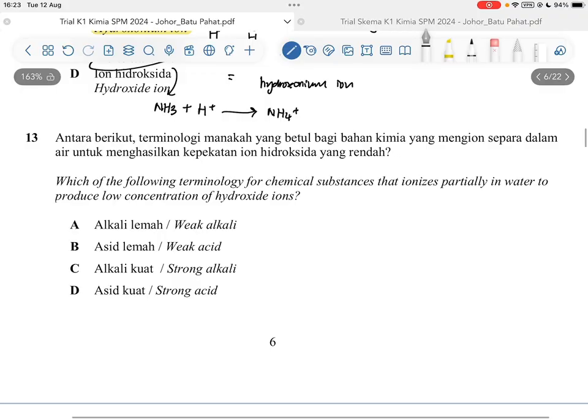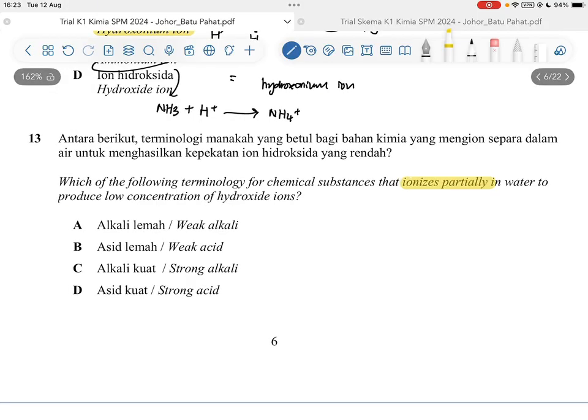Okay, question 13. Which of the following terminology is for chemical substances that ionize partially in water to produce low concentration of the hydroxide ion? So this is related to acid and base in your Form 4 syllabus. In this question, the keywords are ionizes partially in water to produce low concentrations of the hydroxide ion.